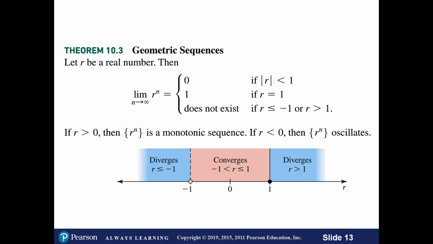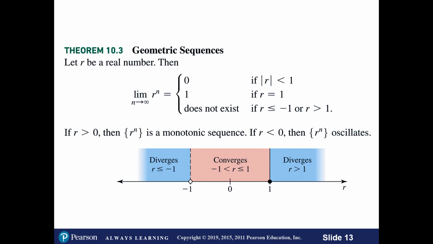So we can roll all this together into a theorem on geometric sequences. If r is a real number, the limit as n goes to infinity of r^n: if the absolute value of r is less than 1, so it's contained between 1 and -1, then the sequence converges to 0.